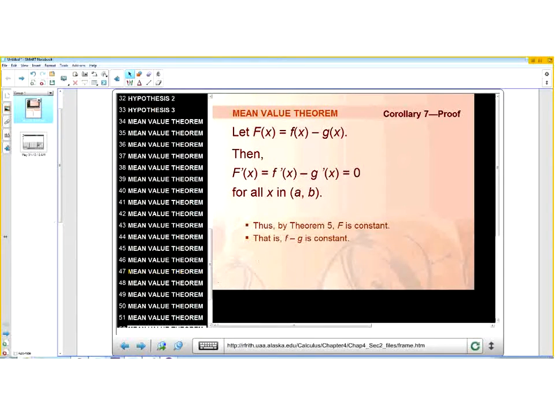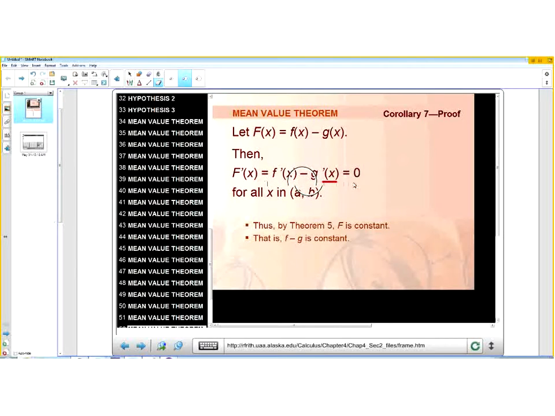So this is the proof of it. If we have big F of x equal to the difference of f and g, take the derivative and set it equal to 0. It is 0 because we stipulated that the two derivatives are equal.